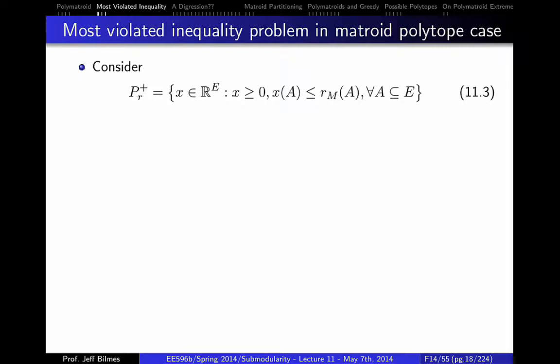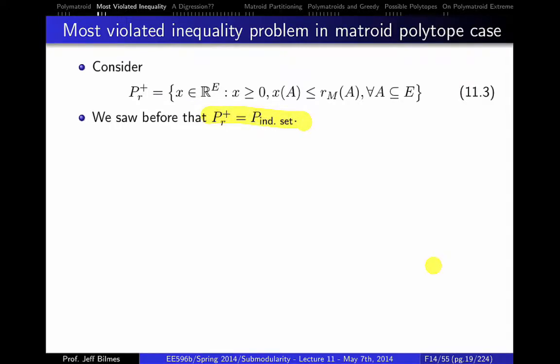So what we first want to talk about is defining this notion of most violated inequality, because sometimes that is essentially the submodular minimization problem. So we've got this polytope. Here it's shown in the matroid rank case, P_r plus.